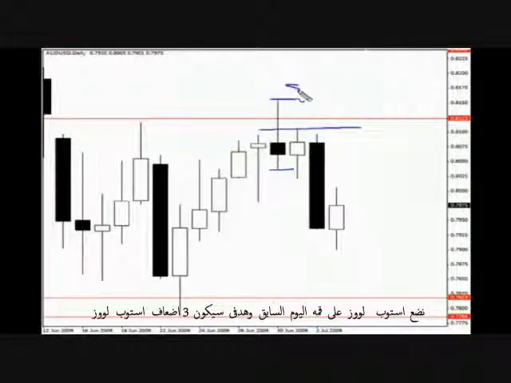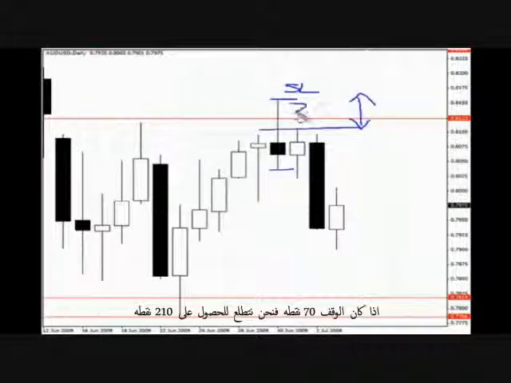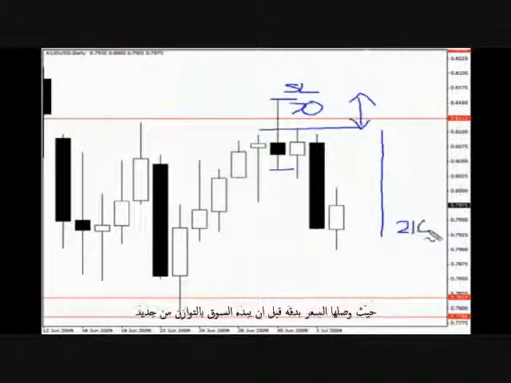I placed the stop loss above the previous day's high, and I aim to make 3 times the stop loss placement. So if this is a 70-point stop or thereabouts, we're looking to make 3 times, which is 210. Now that was reached perfectly, and the market then began to bounce.